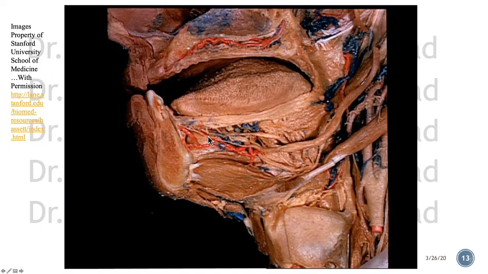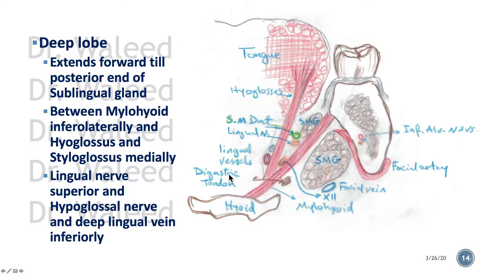Okay. This is another beautiful specimen. This shows the lingual nerve, lingual artery, lingual vessel. See that? And this is the hypoglossal nerve. And this is the hyoglossus muscle. We are superficial to hyoglossus because this is the lingual nerve and this is the hypoglossal nerve.